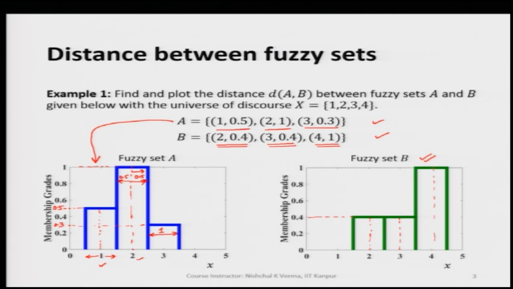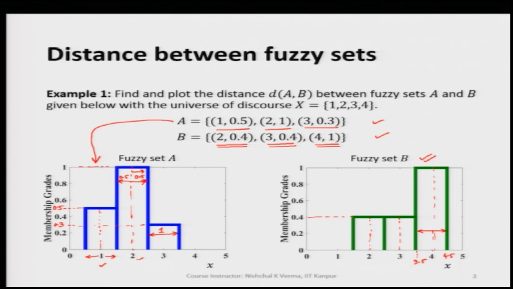With the same logic, each column is of width 1, keeping its mean at the corresponding generic variable value. So this point is 4.5 and this point is 3.5. Here also the same logic is applied.